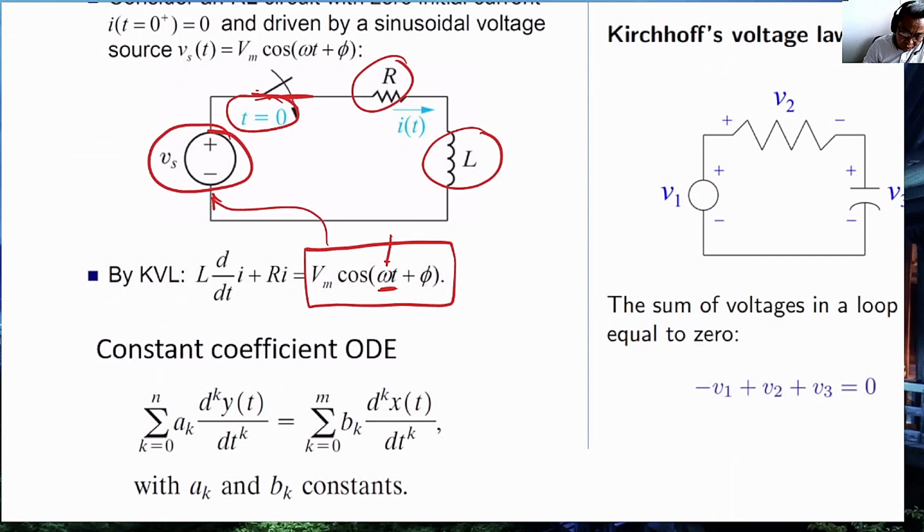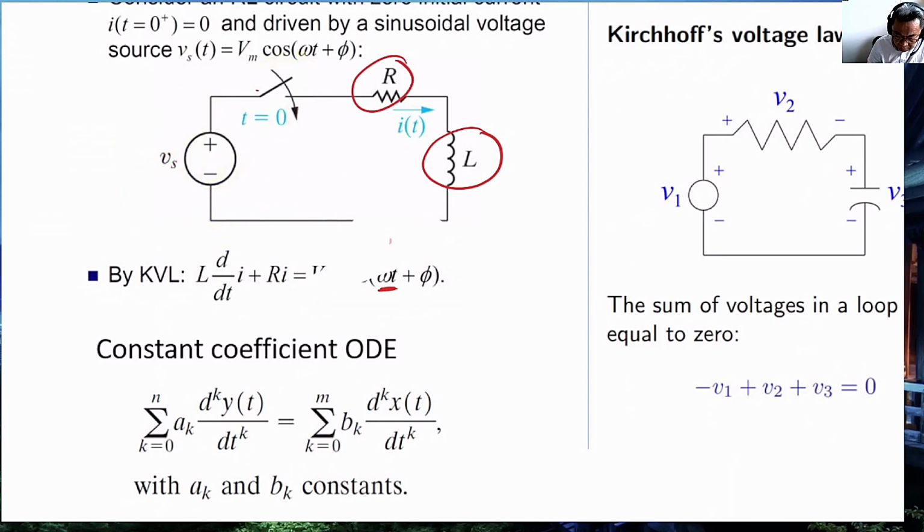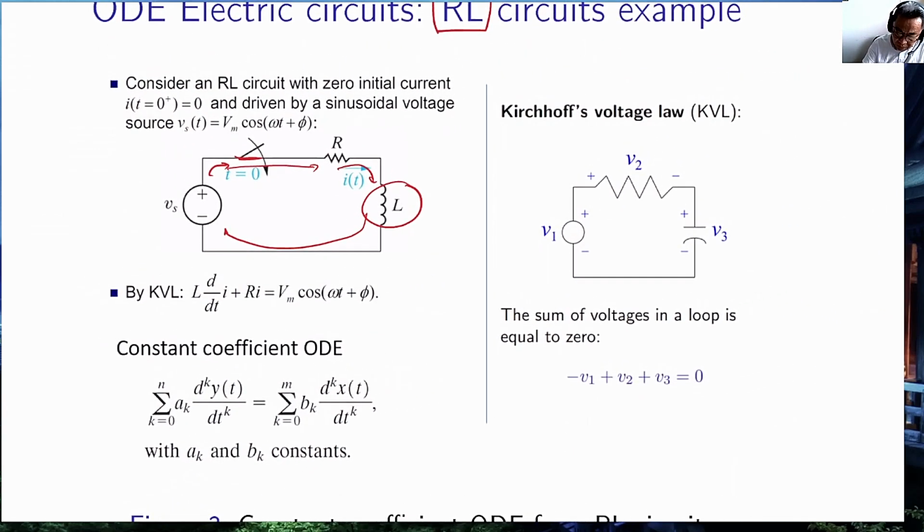And when we have a closed loop, a current will flow from this battery or AC source through the resistor, passing through the inductor and coming back again, and keep on going round and round. By Kirchhoff's voltage law, V1 equals V2 plus V3.